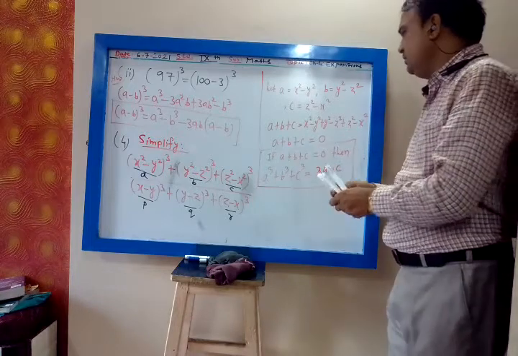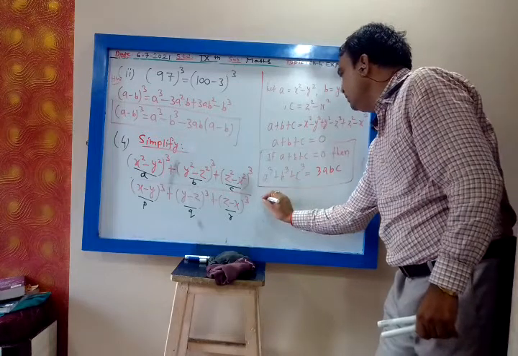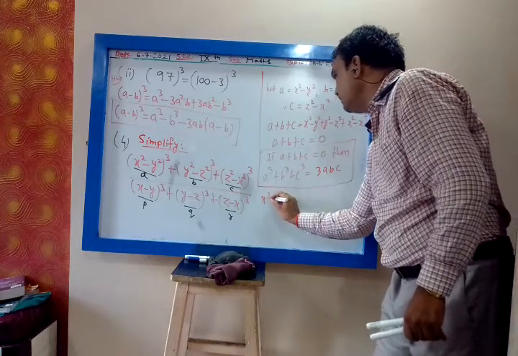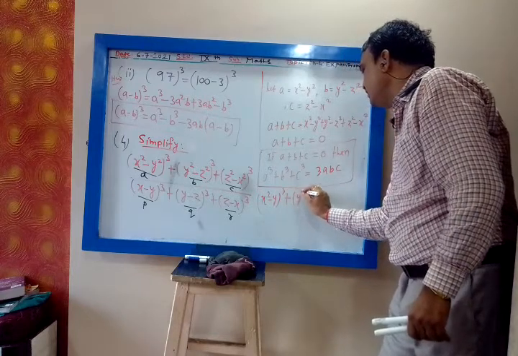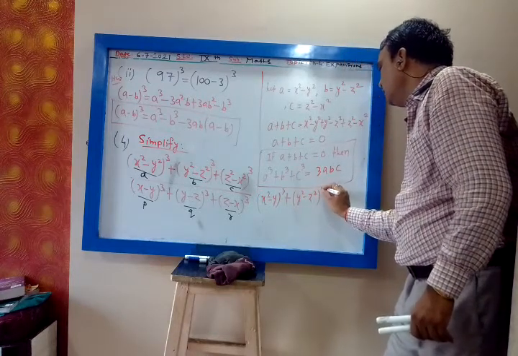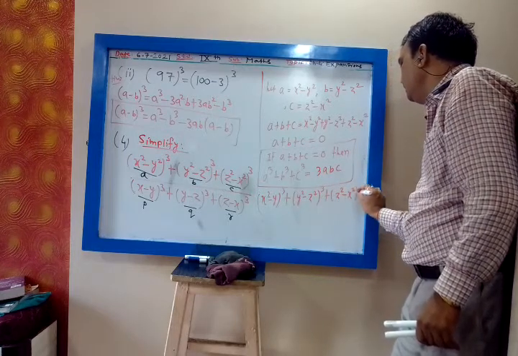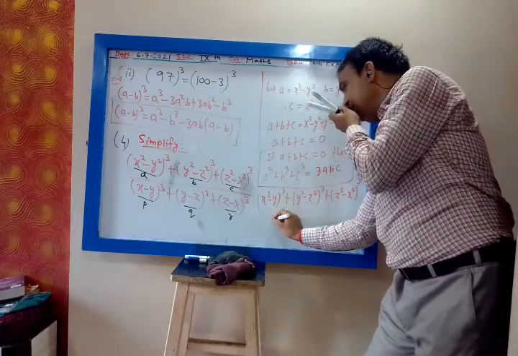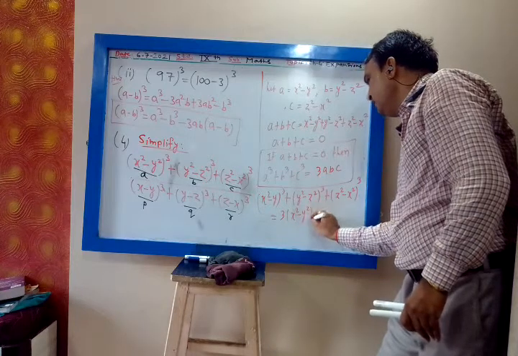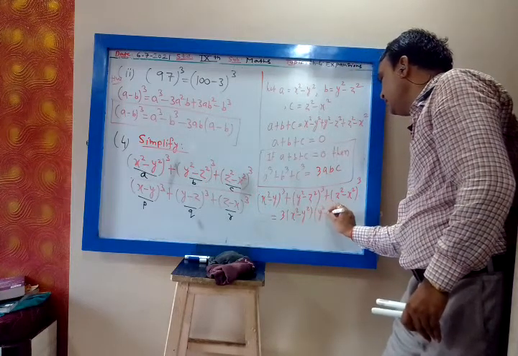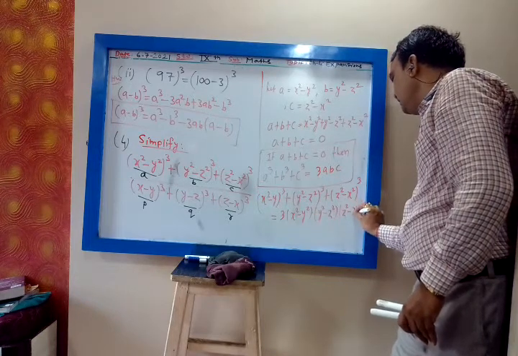So let us substitute the value of a, b, c. You will get (x² − y²)³ + (y² − z²)³ + (z² − x²)³ will be 3 into (x² − y²) into (y² − z²) into (z² − x²).